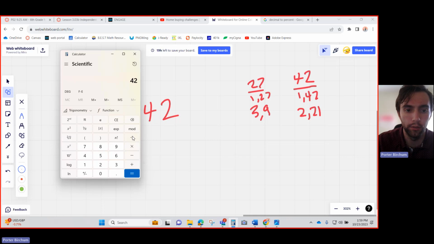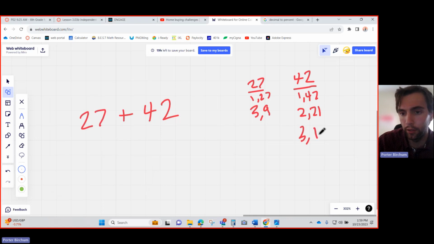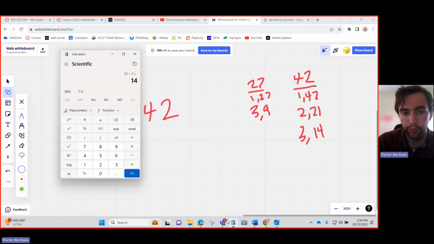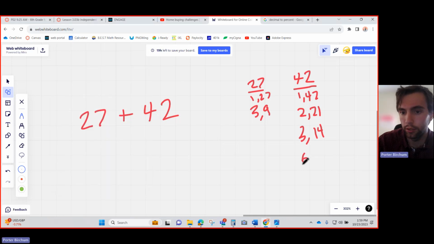Let's see if 3 goes into 42. Nice. 3 and 14. Does 4 go into 42? No. 5 doesn't. Does 6 go into 42? Yes, it does. 6 and 7. Okay, I think that's all.